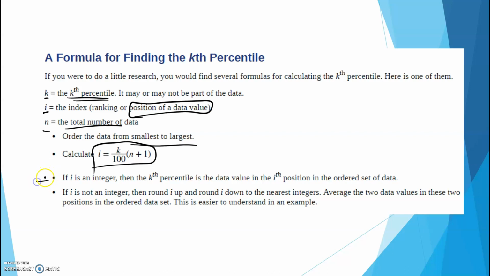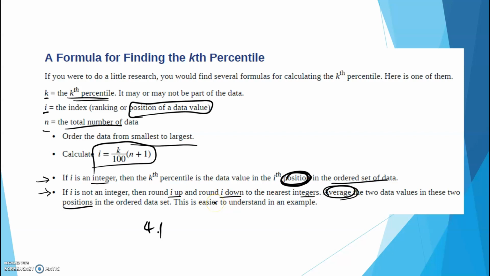Number 1, if i is an integer, then the kth percentile is the data value in the ith position in the ordered data set. If i is not an integer, so say it's got a decimal, like 4.1, then you're going to round i up and round i down to the nearest integer, and you're going to take the average of the 2 data values in those 2 positions.